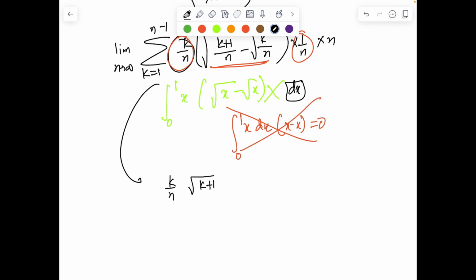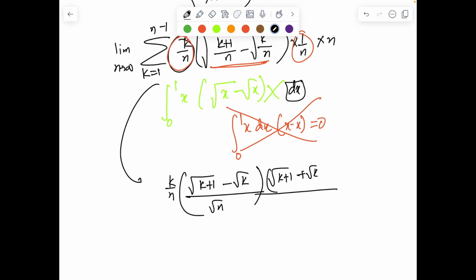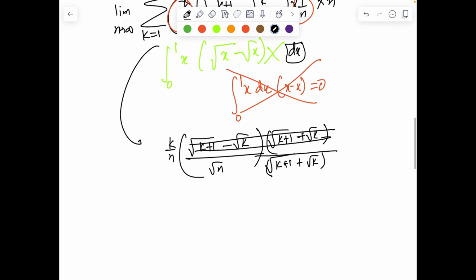manipulations. What we can do is rationalize that term, root over k plus 1 minus root k, by root n. And now if I rationalize, I'll multiply with root over k plus 1 plus root k over root over k plus 1 plus root k, and this quantity simply goes to 1, and now we have sigma k equal to 1 to n minus 1, right?